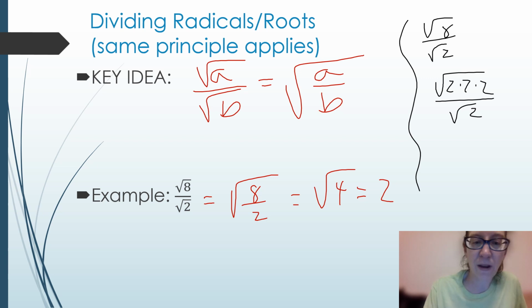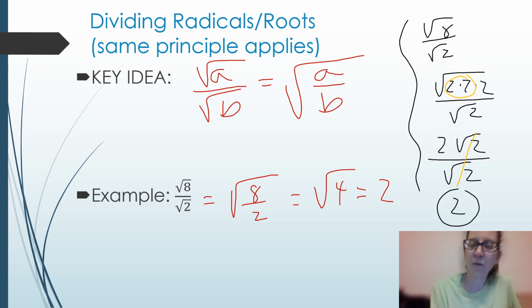And when it's a square root, we would be looking for groups of 2. So that would be 2 root 2. And anything divided by itself is 1, leaving you with a 2. It's the same problem with the same directions, so you should get the same answer, but it is a different way of doing it.